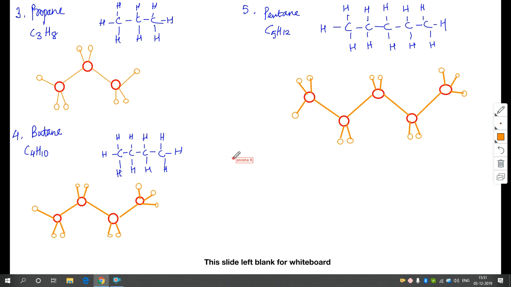So we saw structures of methane, ethane, propane, butane and pentane. I finished drawing them. You finished? Yes.